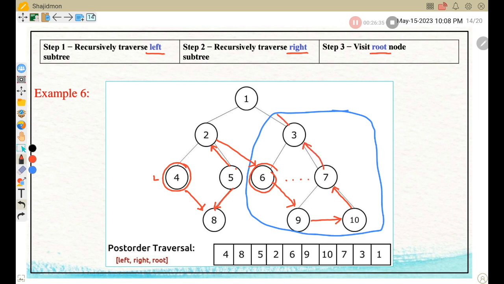After visiting 3 we need to go to number 1 here. So this is the post order traversal of that tree. Hope you understood how we are visiting. So left, right and root combination. First left subtree in post order, then right subtree in post order, and then we need to visit the root vertex or root node. So all these 3 methods, I hope you understood.